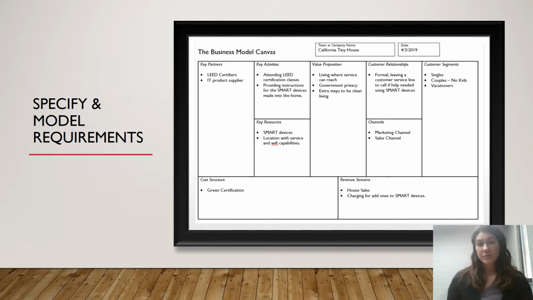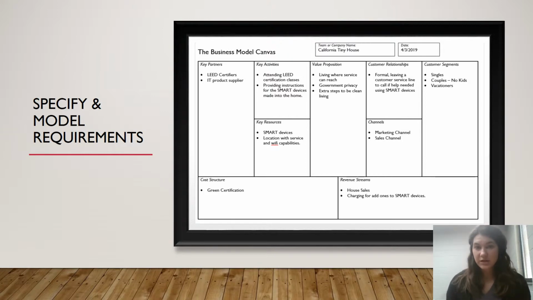For specify and model requirements task, we use the business model canvas technique. Starting on the left side in key partners, we have lead certifiers and IT product suppliers, because those are the people we're going to be working with to help us meet our requirements of the 5 IT products and becoming lead certified.